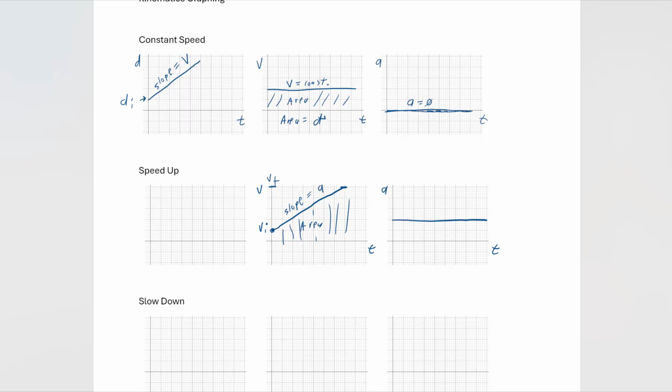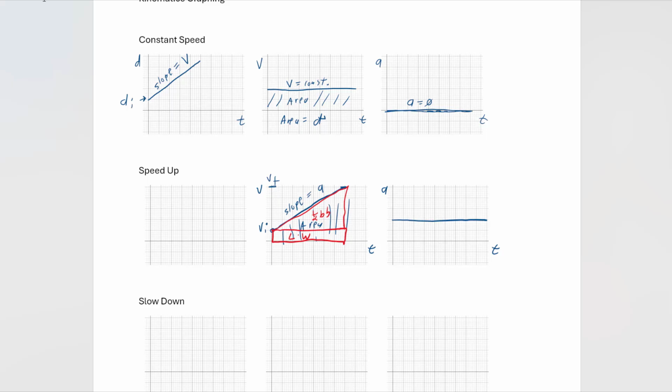And by the way, how would you take the area if it's this strange shape? Well, it's a little bit advanced, but if you had to do it, you would take the area of that square, which would be length times width, and then you would take the area of this triangle, which should be 1/2 base times height. And those two areas added together would be the displacement of the object.